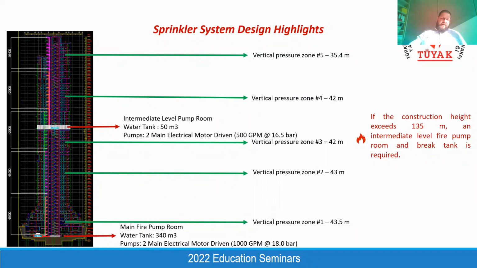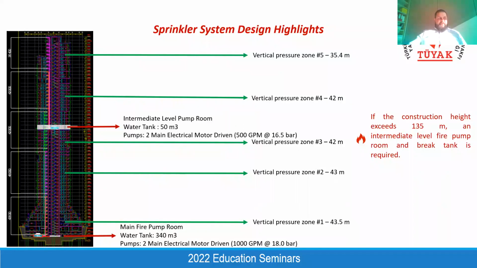For example, at the highest point, we need to have at least 4 bar of water pressure. And also at the lower point of this vertical pressure zone, the maximum pressure is limited to 12 bars. That's why for each 45 meters, we need to have a separate vertical pressure zone.